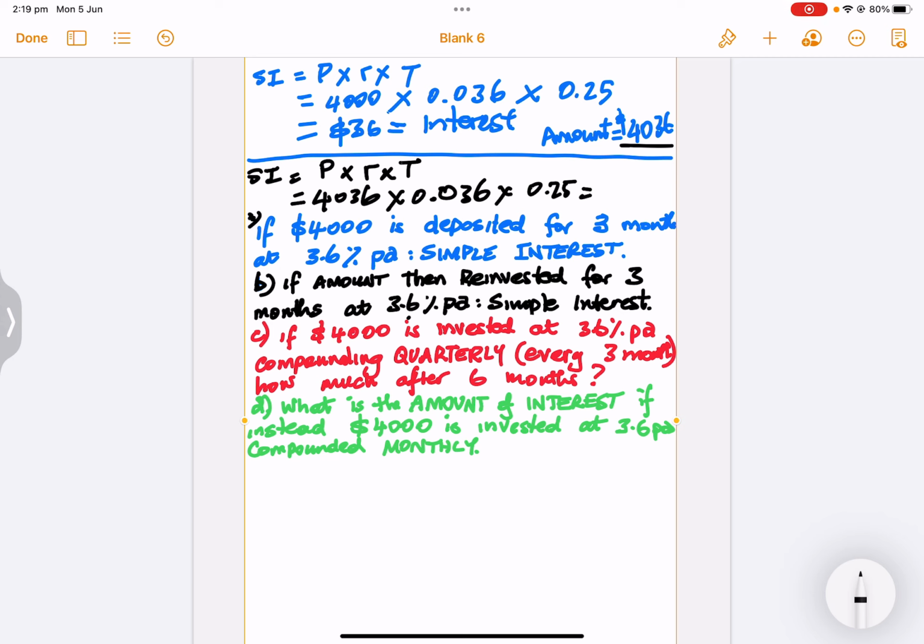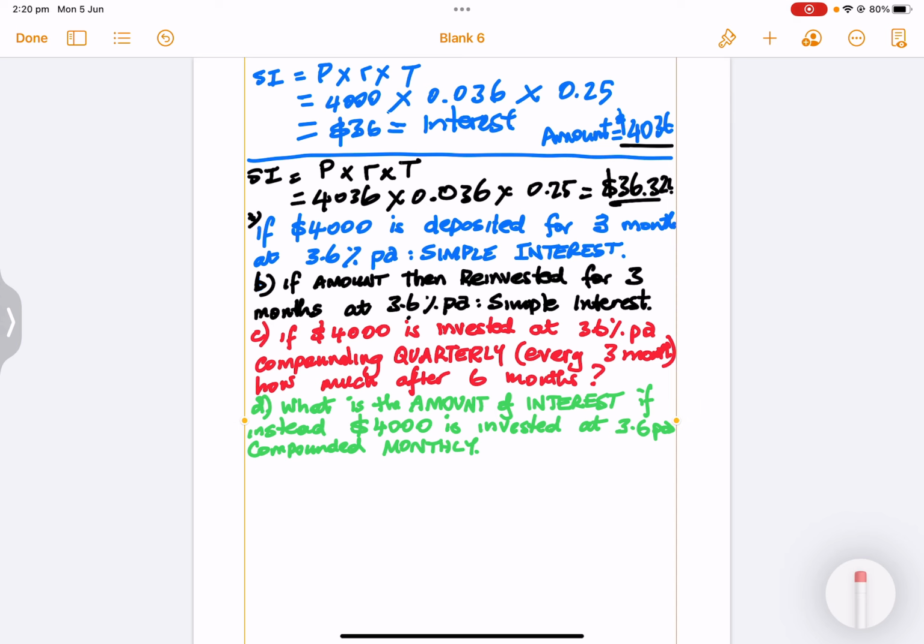All right, I'll put that in the calculator. 4,036 times 0.036 times 0.25. Now I get $36.32. Almost, it's 36.324, but we'll just say 36.32.